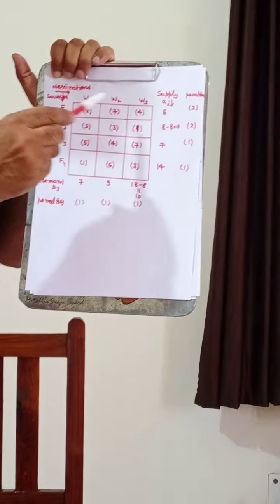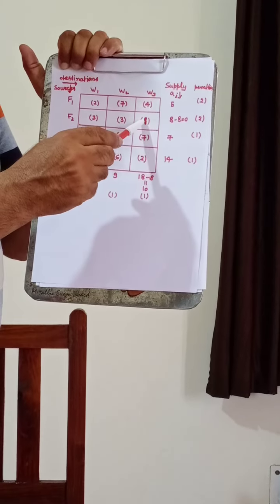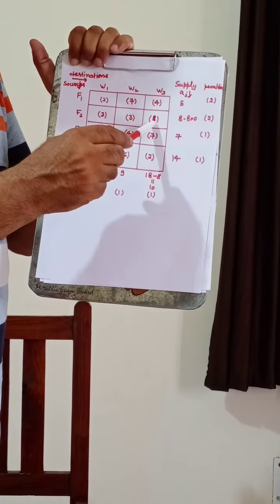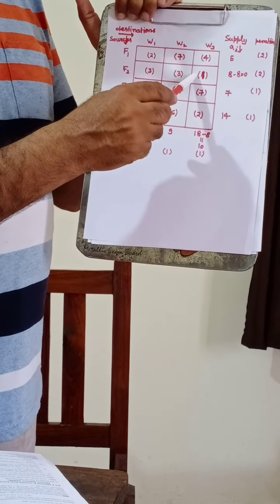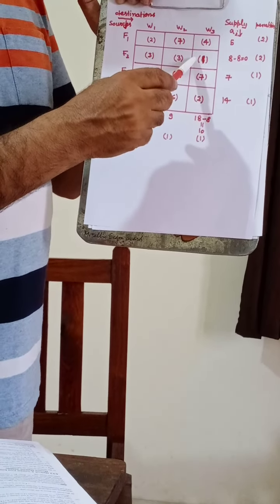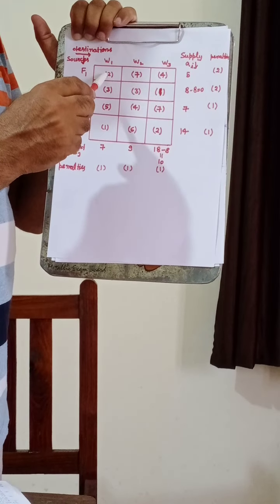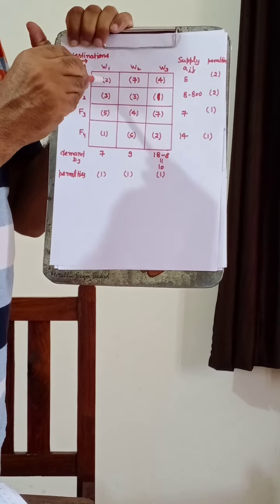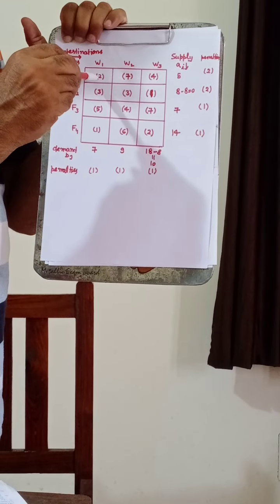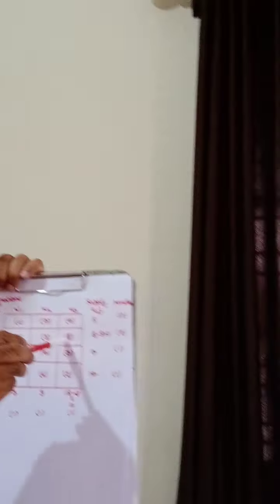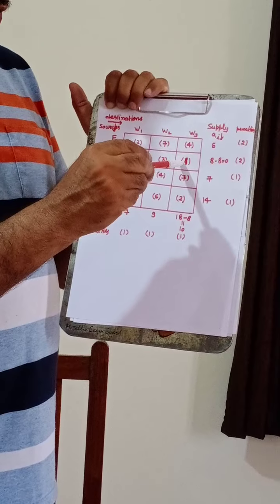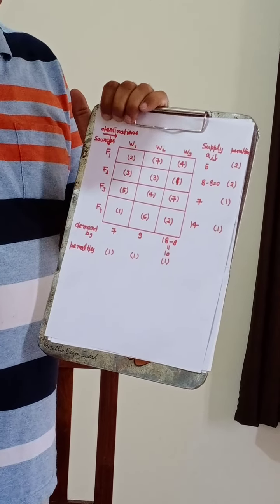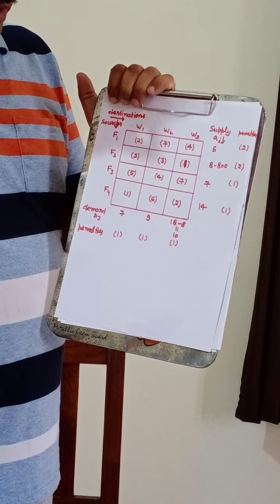But in the second row the lowest cost is 1, and we can allocate 8 here. So the allocation is greater in the second row. In the first row the allocation possible is only 5, but in the second row and third column the maximum possible allocation is 8. So we will allocate 8 here.